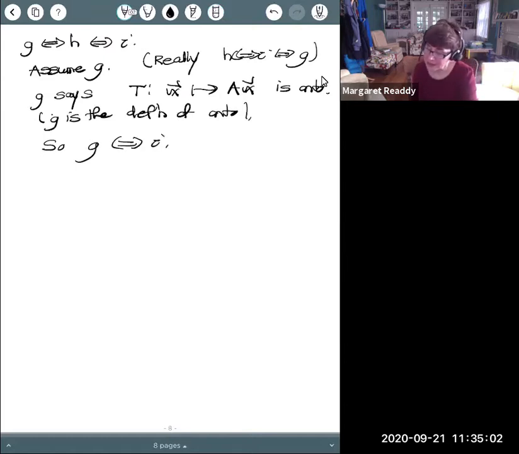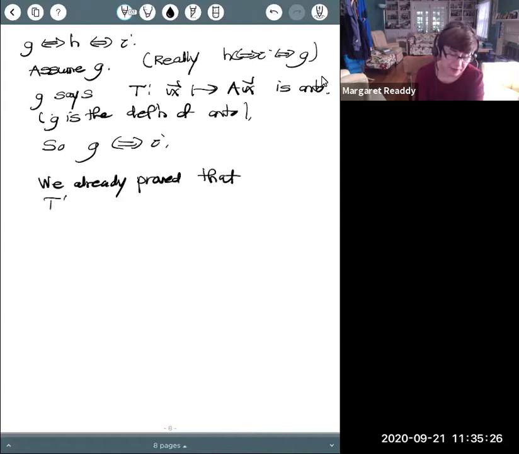Now the next thing we want to show: where are we? H says the columns span n-dimensional space. Remember, that was one of the things we showed was equivalent to being onto. So we already proved that if you have T of X equal to A times X, where A is the matrix representation, this is onto, which is equivalent to the columns of A spanning n-dimensional space.